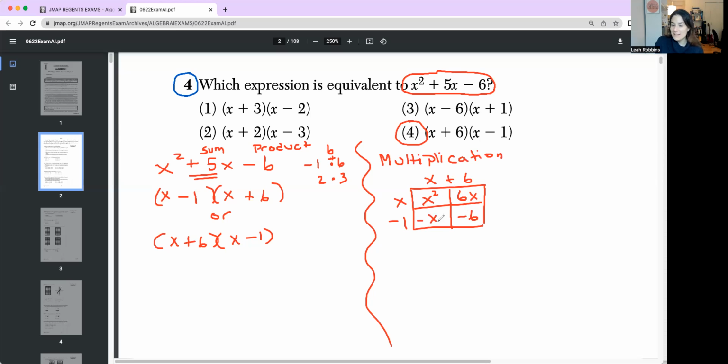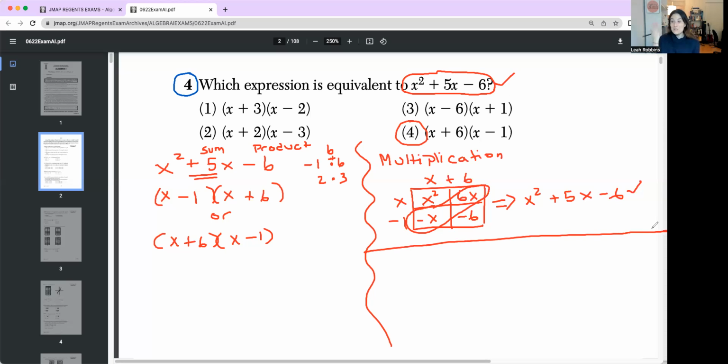And I like this because you get to see where this double bubble thing comes from. So when I combine like terms, 6x minus x is 5x. And then -6. These are my terms. x squared, these we put together to get the 5x, and then -6, same as what we started with.